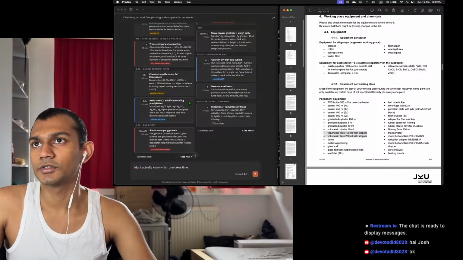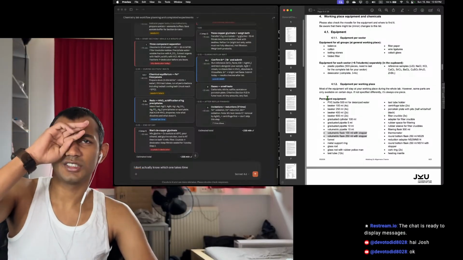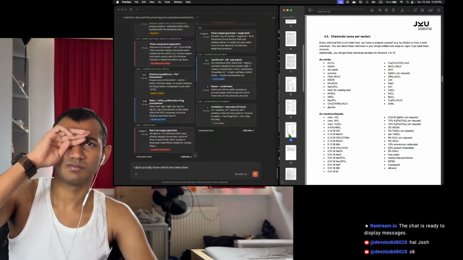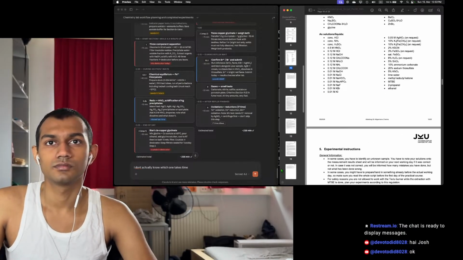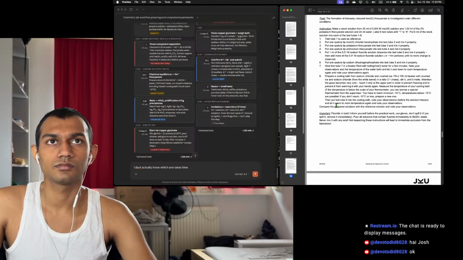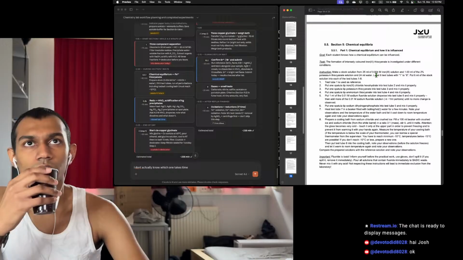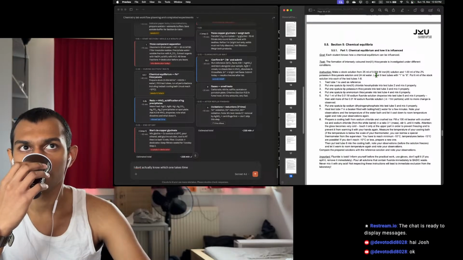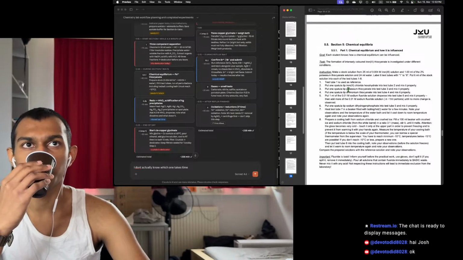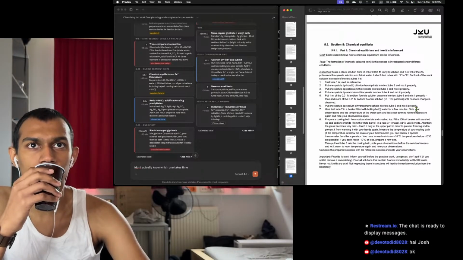Redo HNO3 acidification 5.2. Yeah, I have to do that one. How is 5.1 looking? Put a spatula tip of sodium dihydrogen phosphate into a test tube and mix it properly.